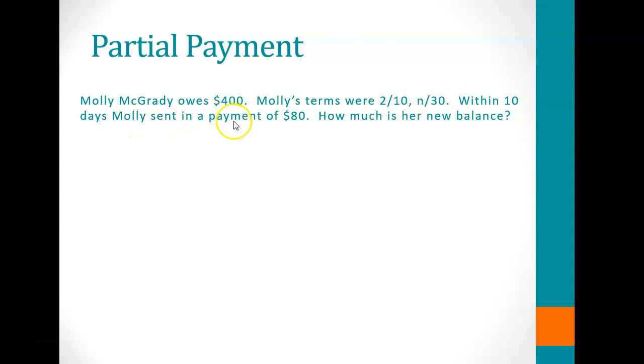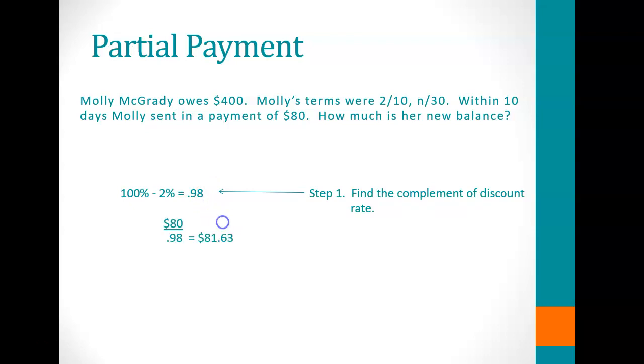Within the first 10 days, we paid $80. So we did make a payment. We didn't pay the full amount, so we made what's known as a partial payment. To do the calculation, we'll take 100% minus 2%, which gives us 0.98. The 0.98 is the complement, or the percentage after the discount. Now, we actually paid $80.